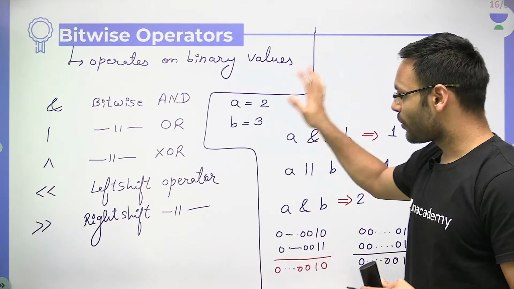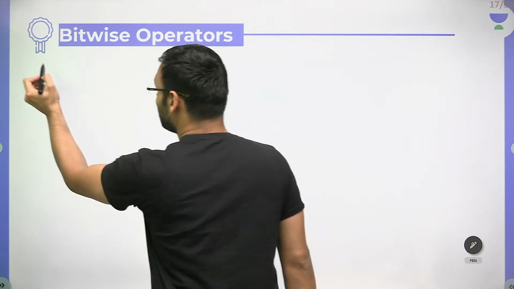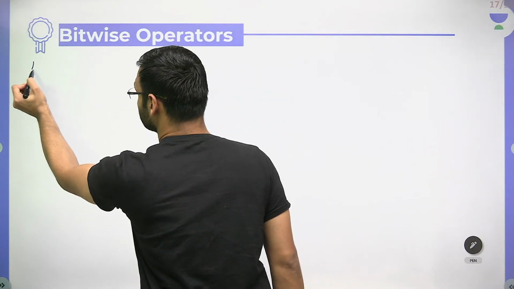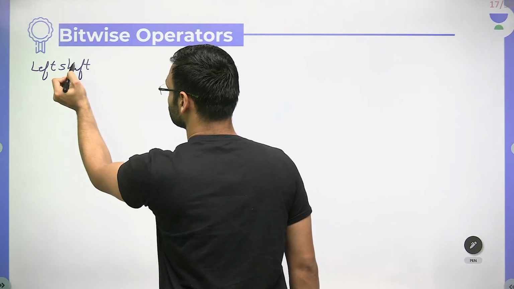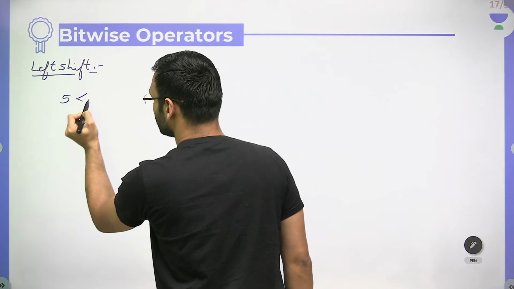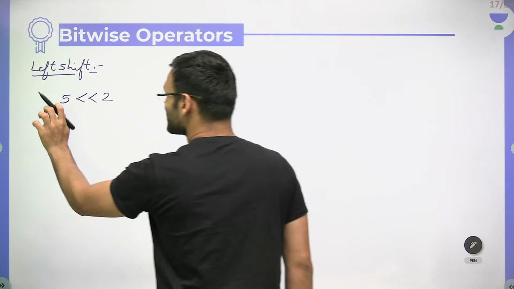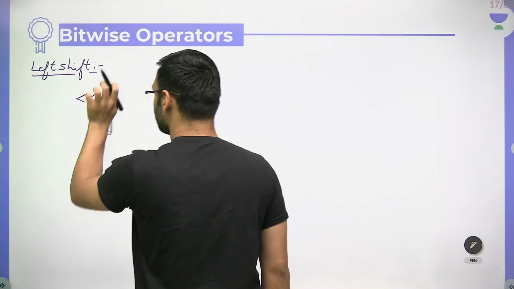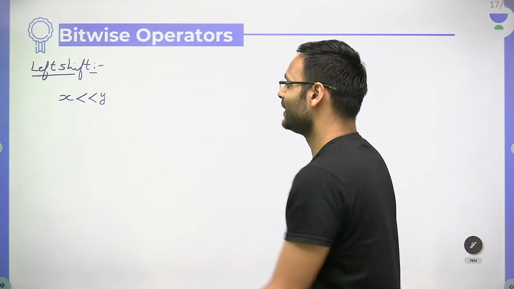So these are the bitwise operators. Now what are left shift and right shift? I'll tell you. The left shift operator is written this way: 5 left shift 2. Or syntax-wise, if somebody wants to write x left shift y, they will write it like this.